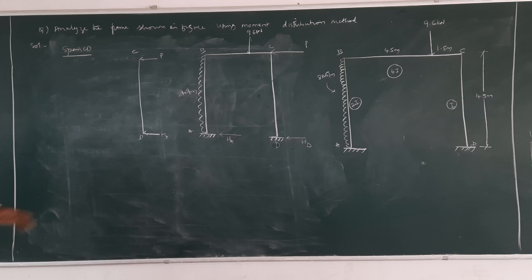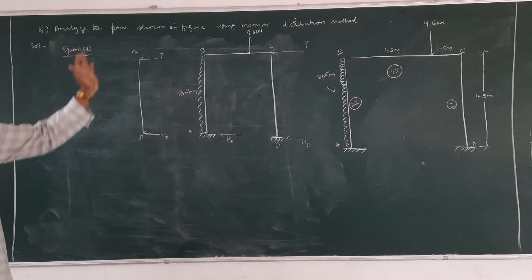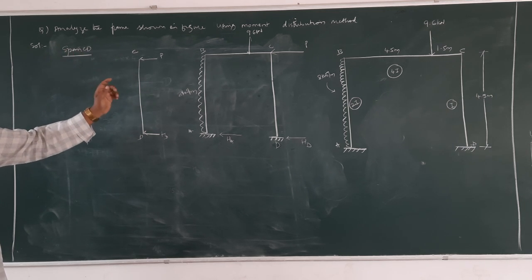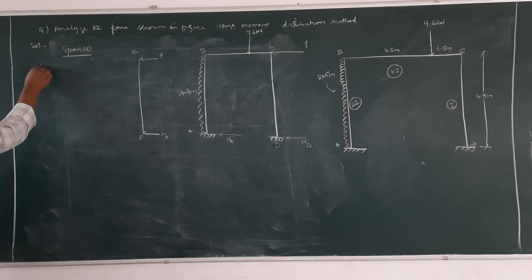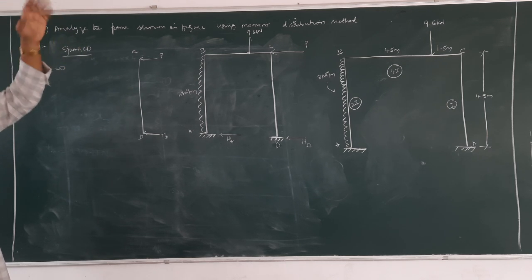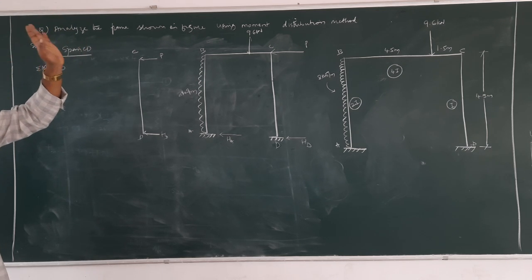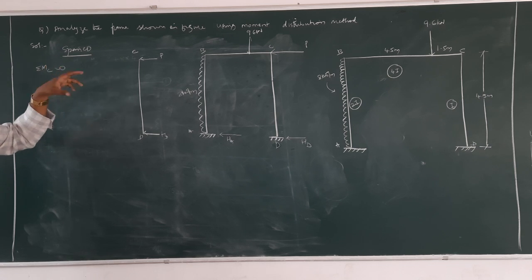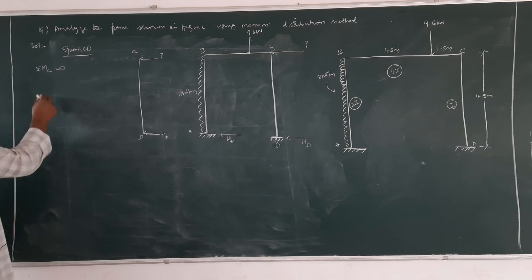No force. Why are we considering separately span AB and span CD? Because summation of moments of all forces about point C is equal to 0 is valid only for a single span. Bending moment is valid for entire frame and continuous beam, but here it is valid for only a single span. That is why we are taking one span.